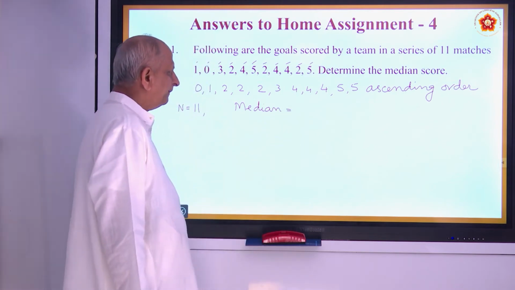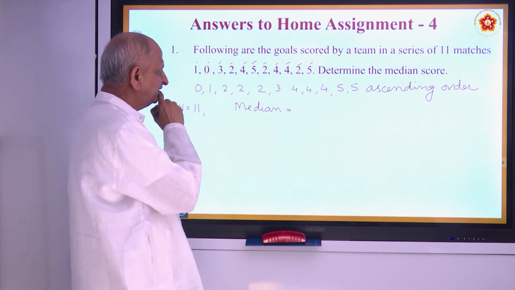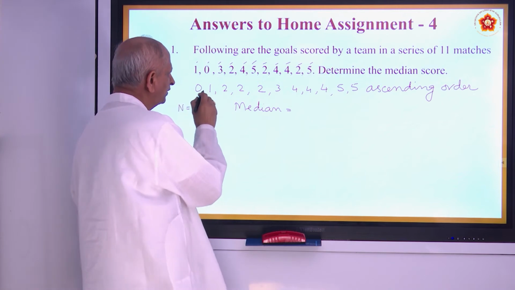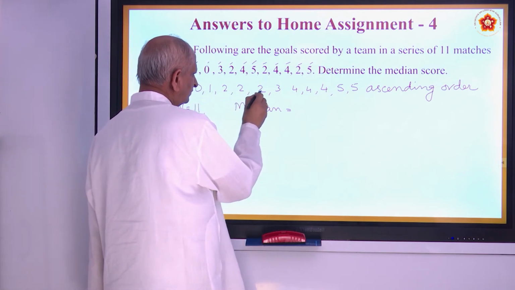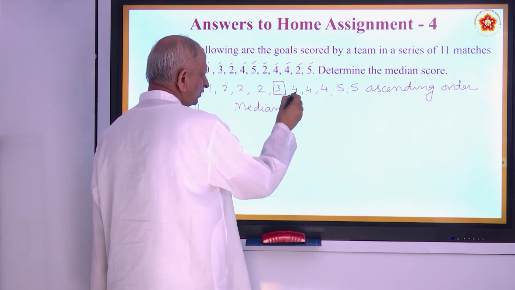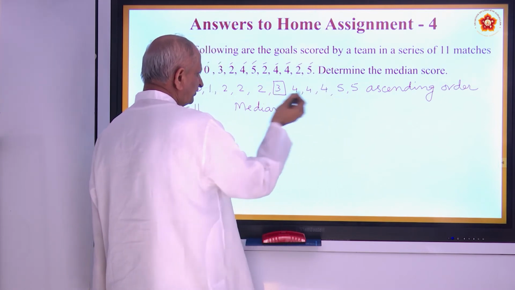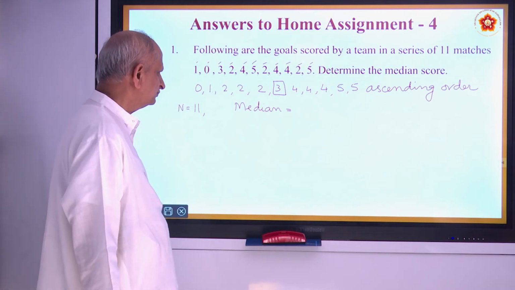But the middlemost number, so total 11. 1, 2, 3, 4, 5. And on this side, if you just check, 1, 2, 3, 4, 5. So 5 on this side, 5 on this side, right? So that is the middlemost number.